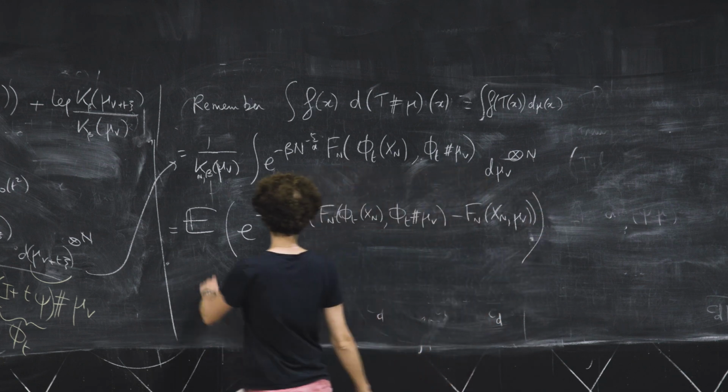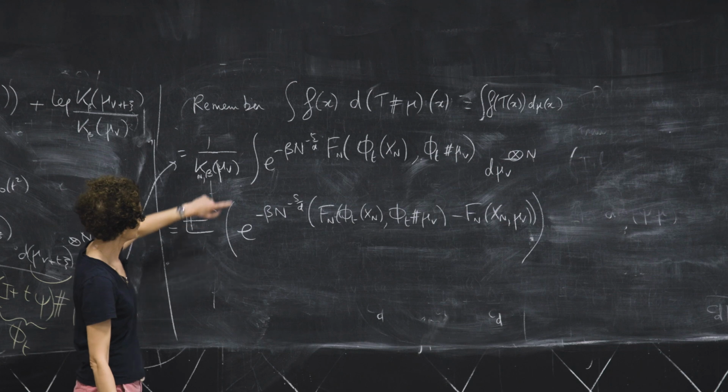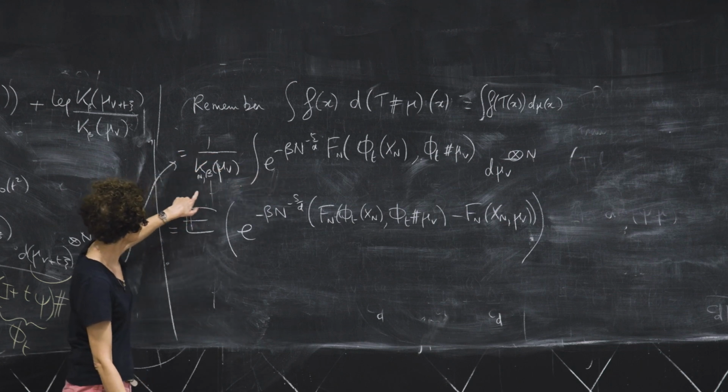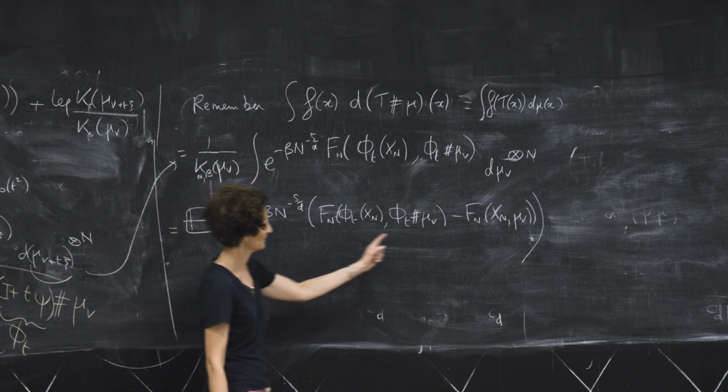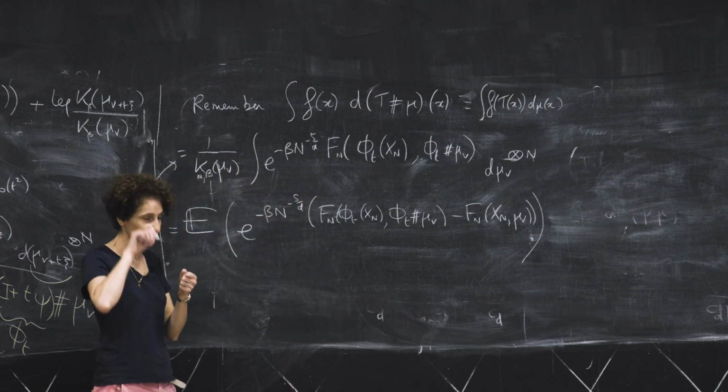Because if I look at the expectation of that and I try to write out what it is, it's equal to exactly this ratio. This thing would be canceling out with the Gibbs measure factor.